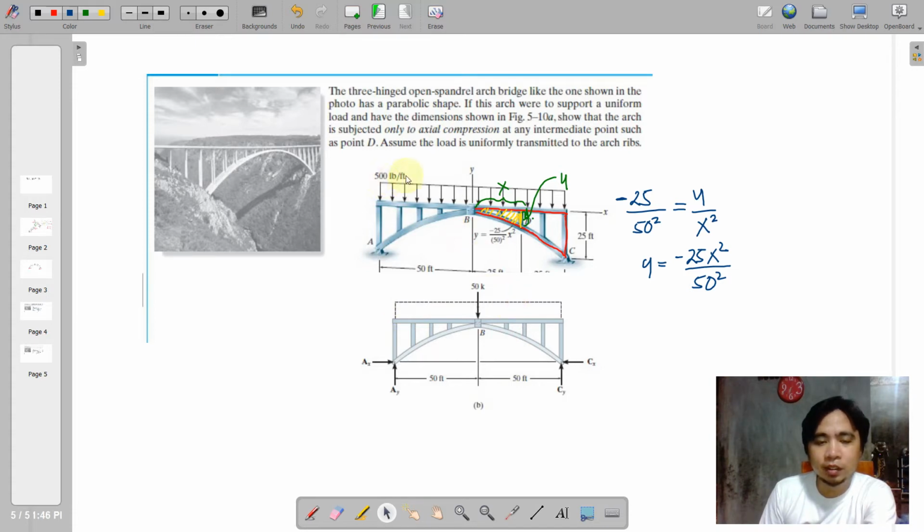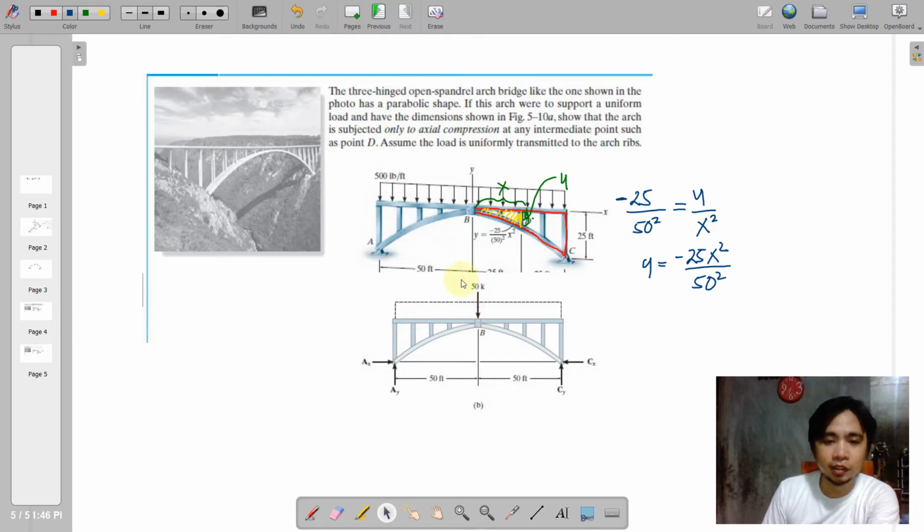And this 500 pounds per foot can be resolved into its resultant, that is 500 times 100, which is actually 50,000 pounds, or 50 kips, because 1,000 pounds is 1 kip.